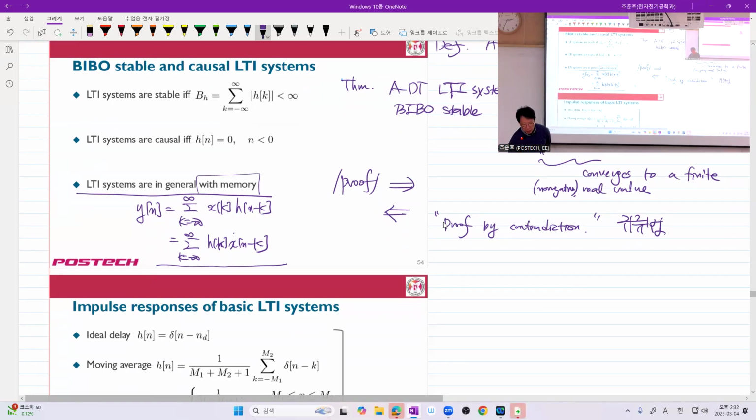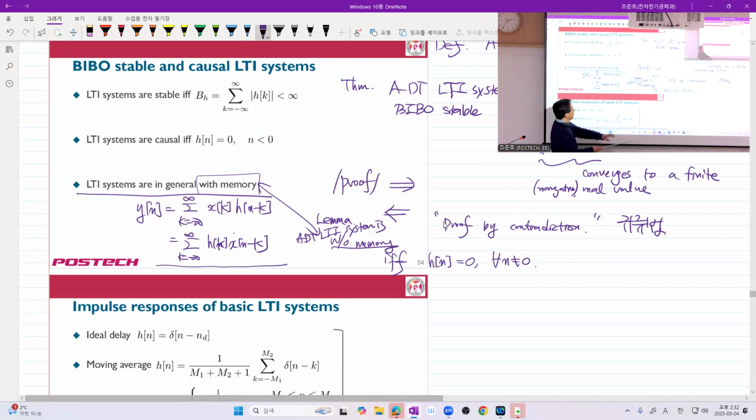what do we have? Here goes a very simple lemma, or you can even just say it's a corollary because it's too simple. A DT LTI system is memoryless if and only if h of n equals 0 for all n not 0. Okay? Got it? Then what happens?